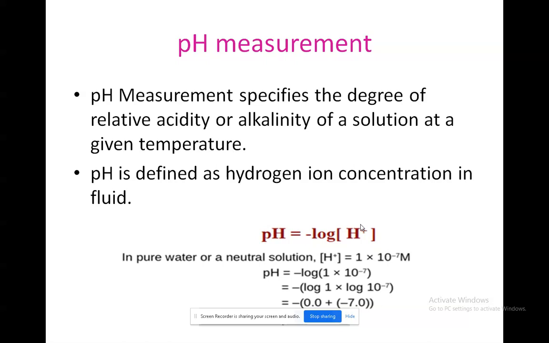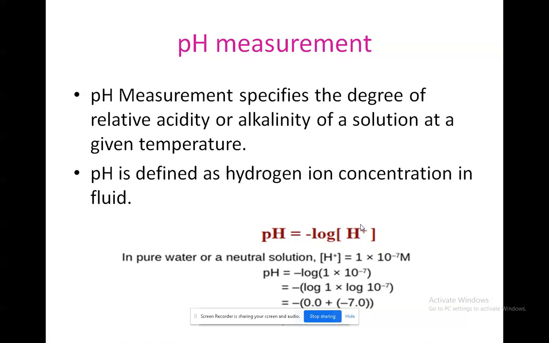Okay. Potential of hydrogen. That is, it will measure the concentration of hydrogen ion. It is the proton in the substance that will be measured. So the potential of hydrogen ion concentration will be measured in the substance. Simply we can call it proton.